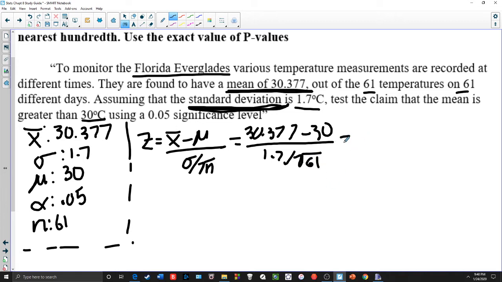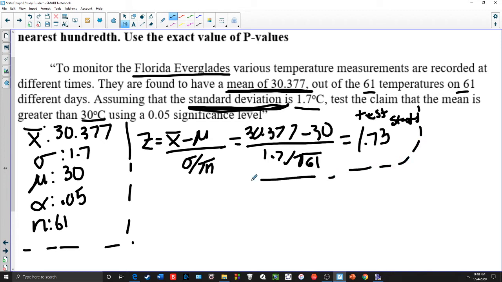Plug that into your calculator, and you get a test stat of 1.73. That's my test stat, the first thing I find in all my hypothesis testing. Box that in there. That's my test stat, 1.73.